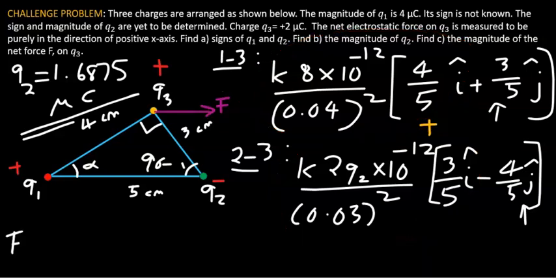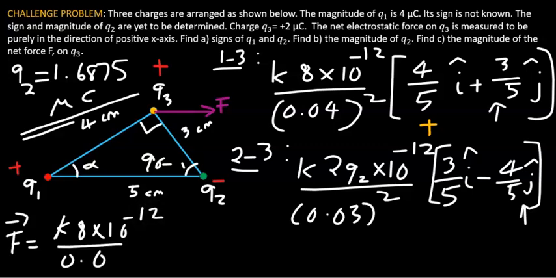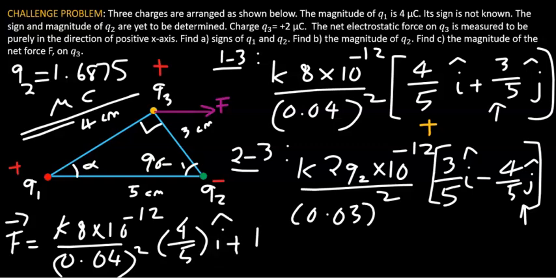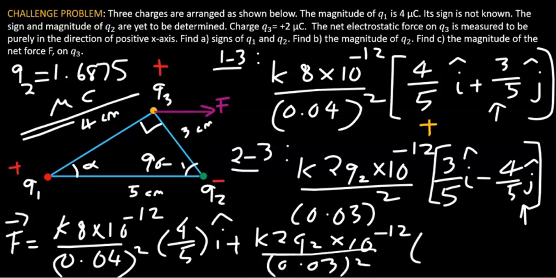So the net force is given by K times 8 times 10 to the power minus 12 over 0.04 squared times 4 over 5 i hat plus this number right there, Q2 times 10 to the power minus 12 over 0.03 squared times 3 over 5 i hat.